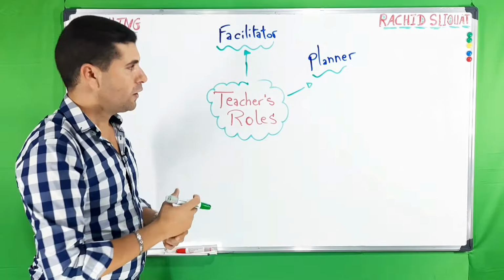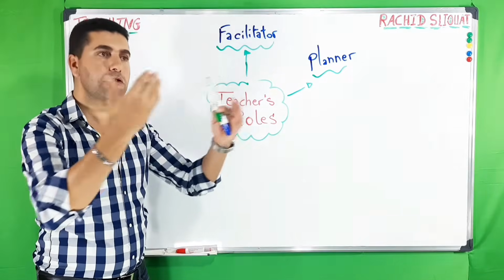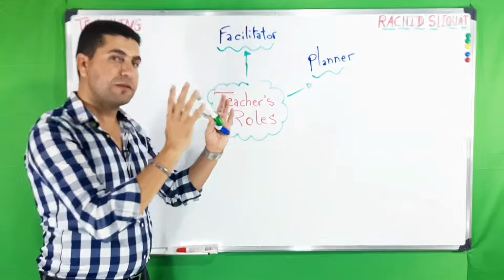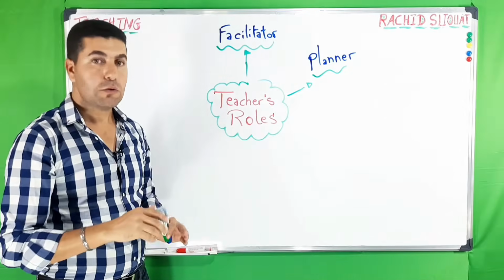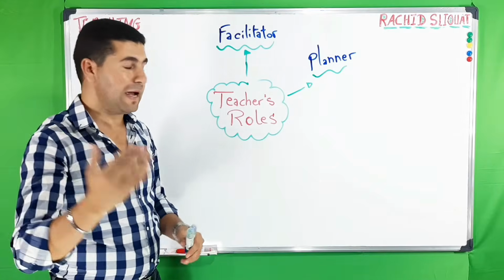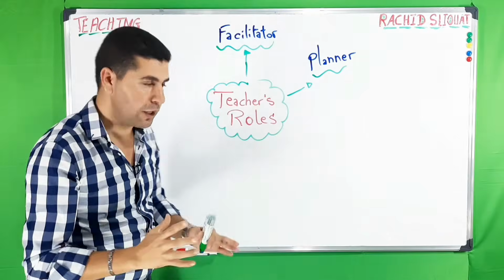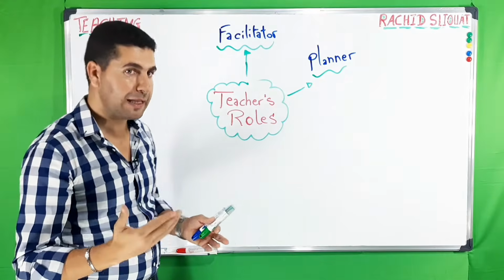To plan what? Very simply, is to plan lessons, to plan what you are going to do in a particular session and what you are going to do in the whole semester, and you should also plan for what you are going to do in the whole year. So this is what we mean by planning, to plan.